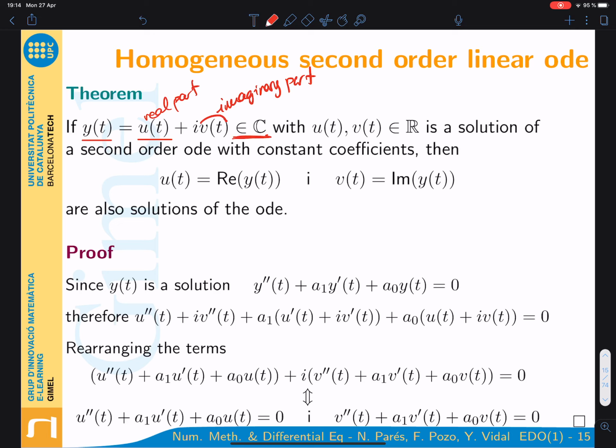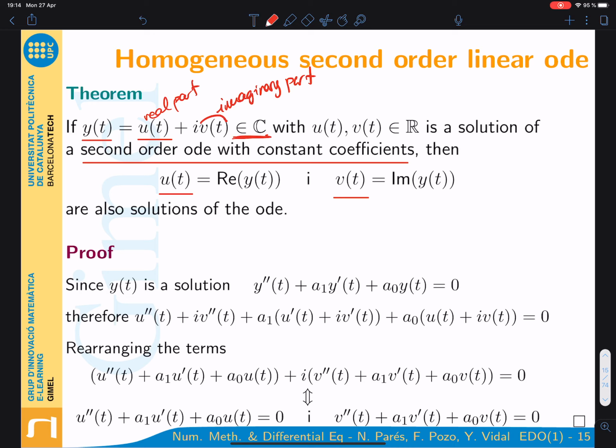then it can be proven that if this is a solution of the second order ODE that we are working with today, linear, constant coefficients, and homogeneous, then also the real part by itself and the imaginary part by itself, they are both particular solutions of the ODE.